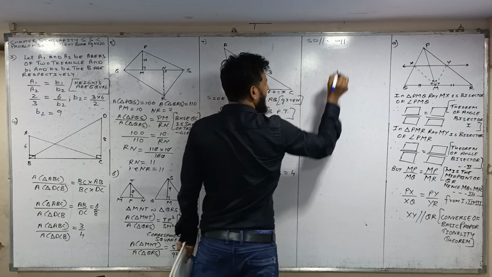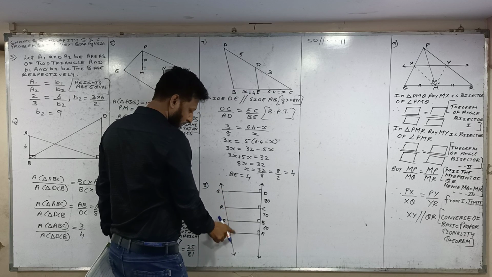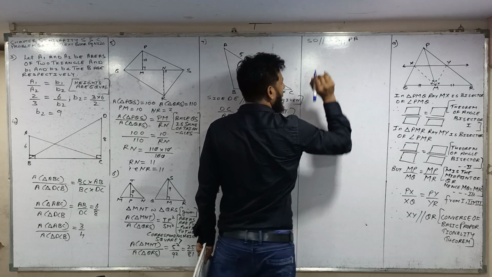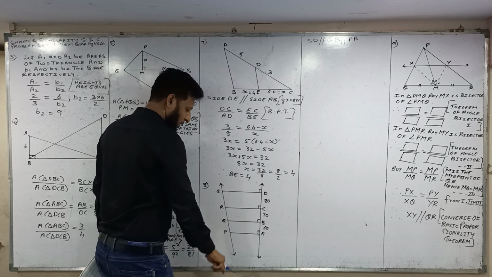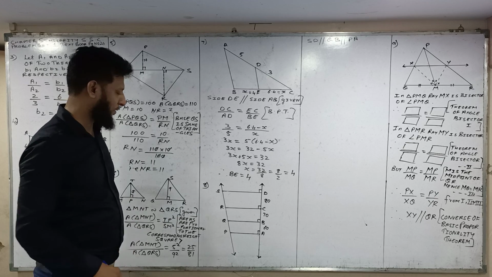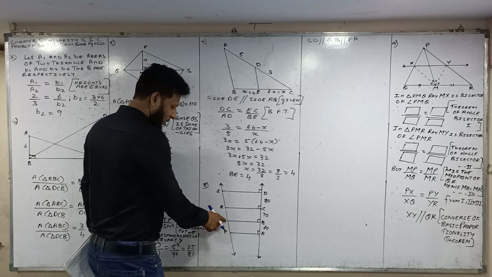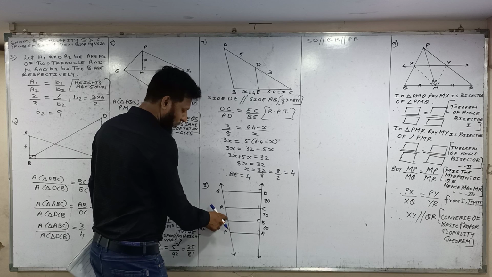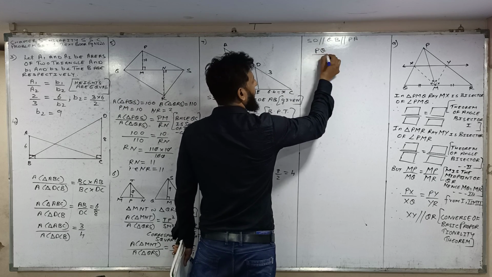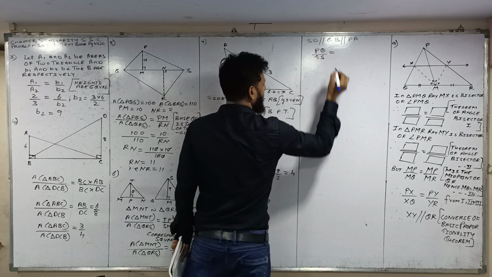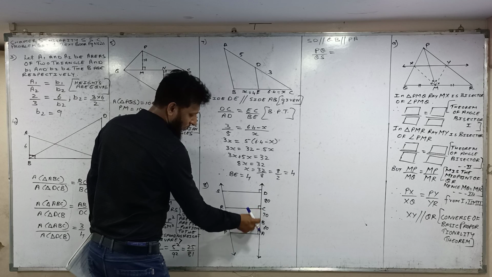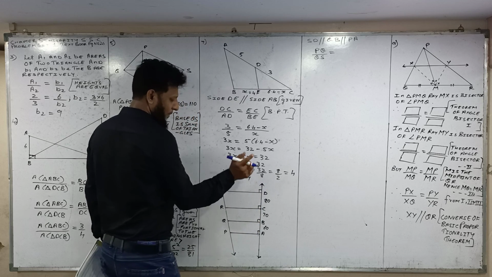All 4 lines are parallel, but we are taking these 3 lines, PA, QB and SD, and these 2 are transversals. By the property of 3 parallel lines, we can write PQ upon QS is equal to AB upon BD.